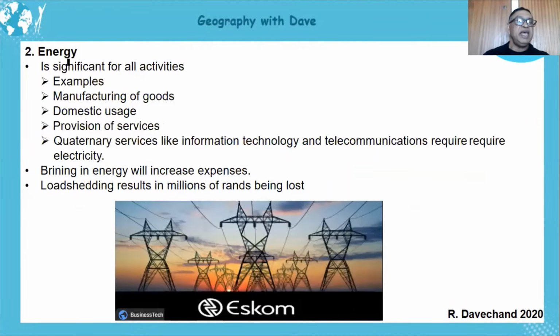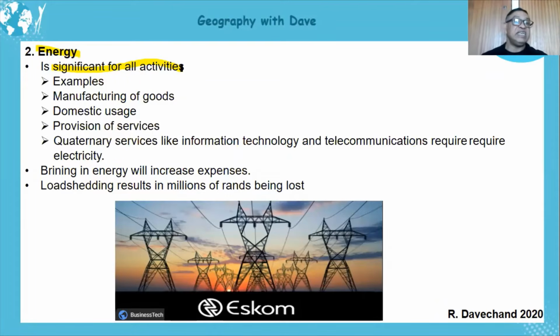Okay, then energy. This is quite obvious. It's significant for everything. A proper energy supply. Okay, very significant. You understand? You need it to run machines. You need it, whether it's the fuel or the electricity supply.